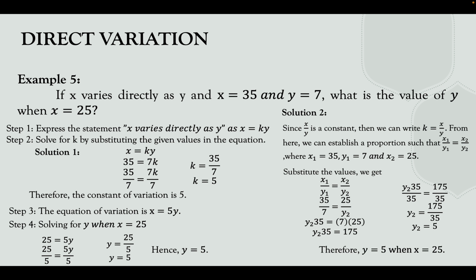Therefore, y is equal to 5 when x is equal to 25. Okay, you can use solution 1 or solution 2. It's up to you, as long as you are comfortable solving with either of the two.